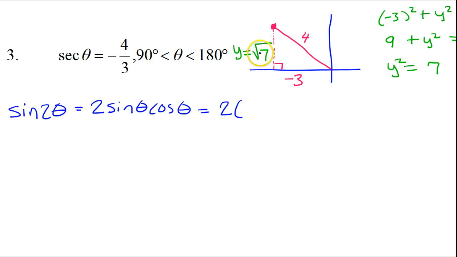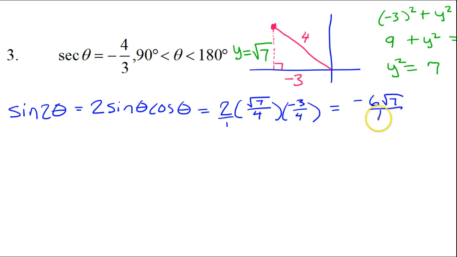Alright, so that is going to be 2. Sine is y over r, so that's going to be radical 7 over 4. Cosine is x over r, so that's going to be -3 over 4. So there's 2 sine cosine. So what am I going to do? So this will be, looking at this like it's 2 over 1, I'm going to have -6 radical 7 over 16.